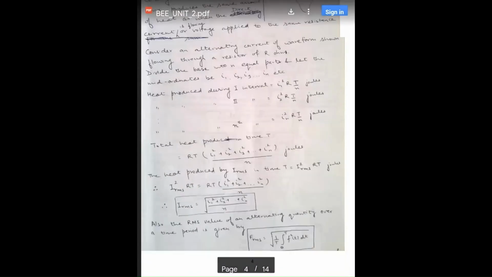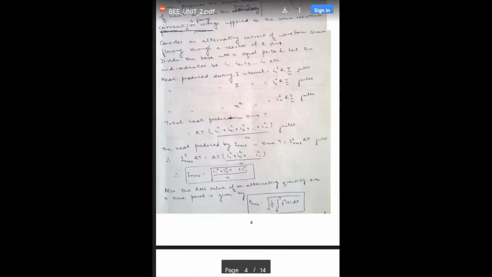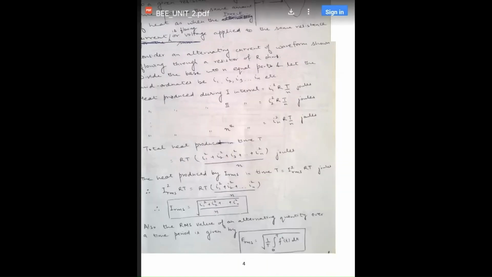Because if the function is clearly defined, then for example, if there is any function whose RMS value is to be taken, then that is clearly defined. It can be squared and its mean can be taken. So how do we take the mean value of a defined function?